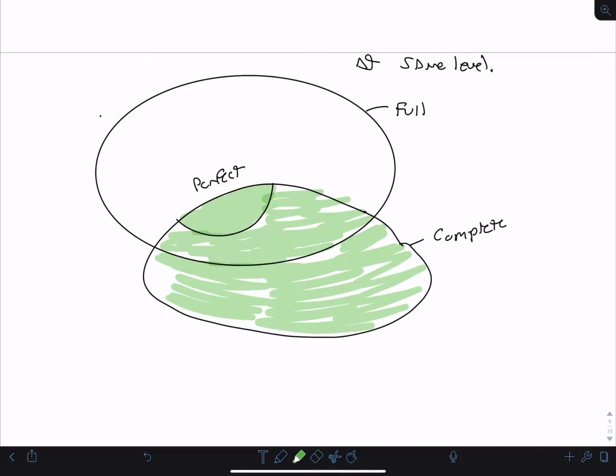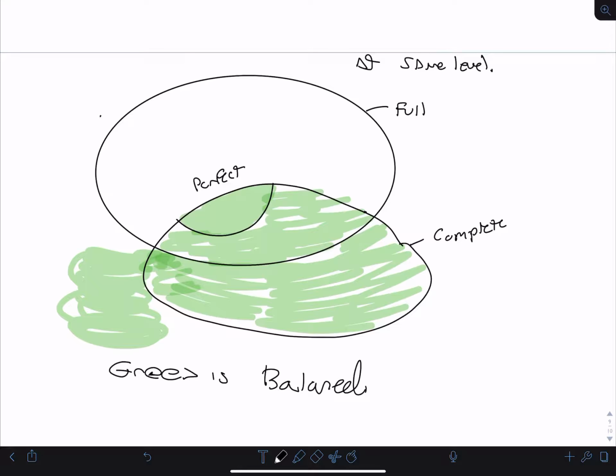But those that are included would be considered probably complete. So I think then we will just have an extra here. So the green is balanced. I believe that's about right.